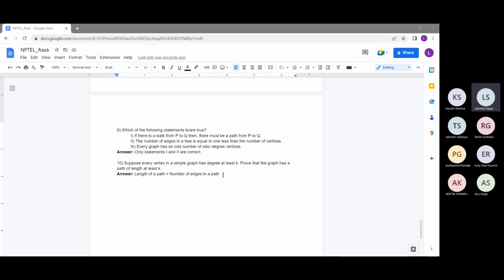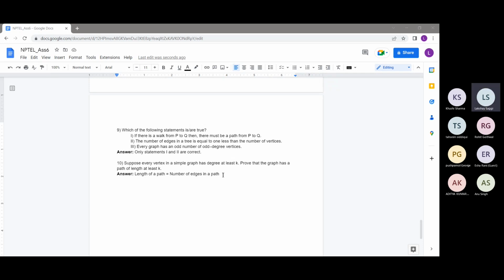Then we need to prove that there will exist a path, not between every pair of vertices, but at least one path between some pair of vertices, such that the length of the path is at least k. We don't need to show that the length of every path will be k, because obviously there will be paths of length one also; an edge is also a path.